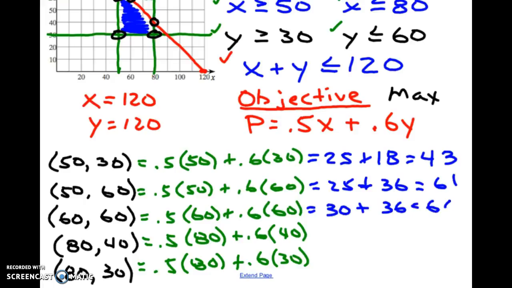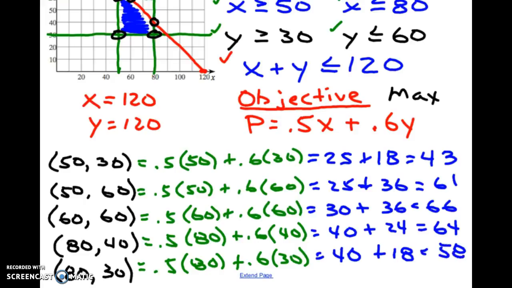So we're up to 66. 0.5 times the 80 is 40 now. 0.6 times the 40 is 24. Add those, we get 64. And the last one, 0.5 times 80 will be 40. 0.6 times the 30 should be 18. And then we should be looking at 58.